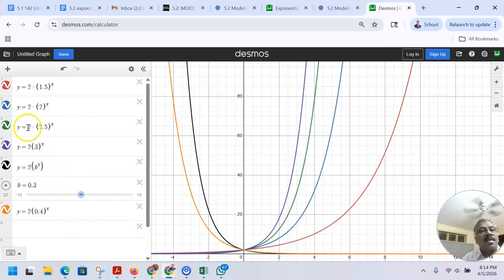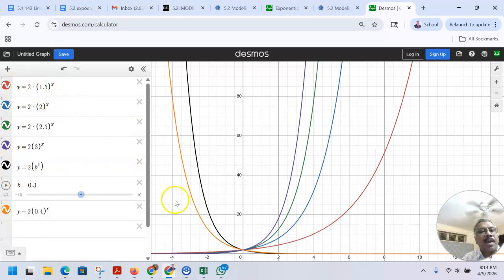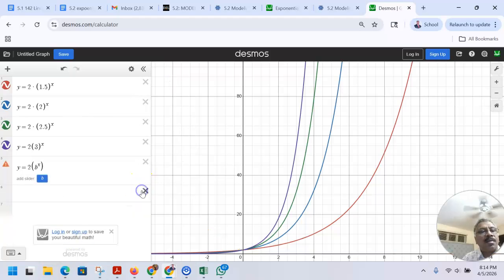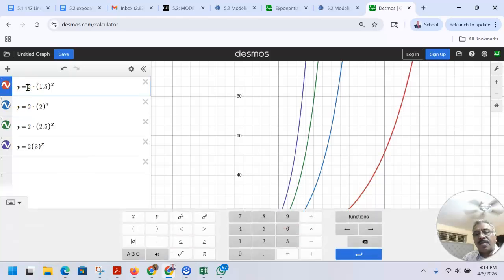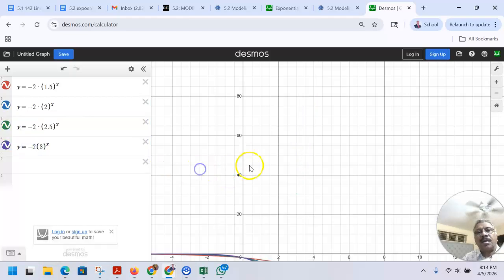And one more thing: instead of this a, let me fix this. Let me take off all of them and make it 1. Let's see what happens. Let me remove this. Okay. And now I'm going to make it -2, so outside I'm making -2. So what do you see now? Look at the graph.